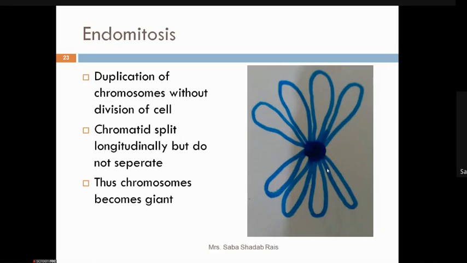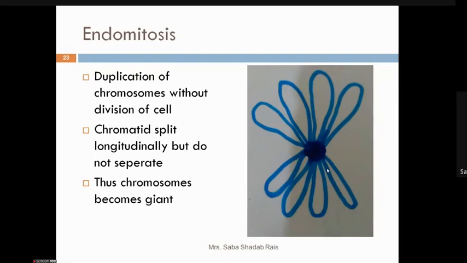Now why is this happening? Why is the chromosome dividing so many times but the cell is not dividing? Because it happens most of the time in small organisms, we can say microscopic organisms. It occurs in other organisms also, but where cell division is not required, meaning all the chromosomes are not very important. For example, the larva.